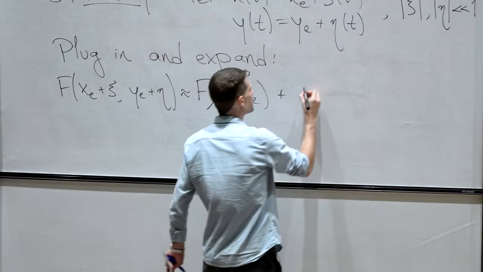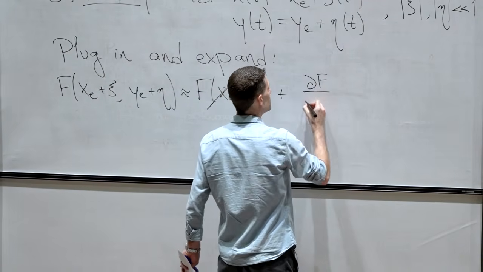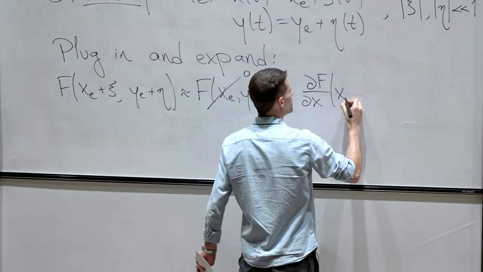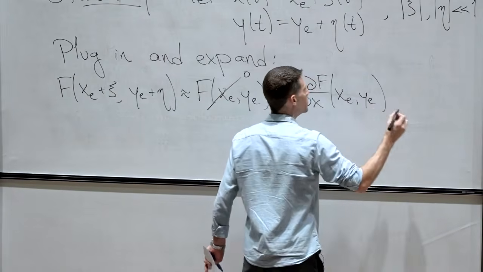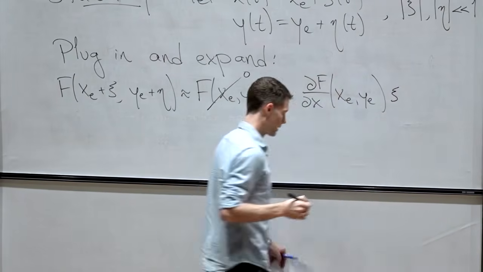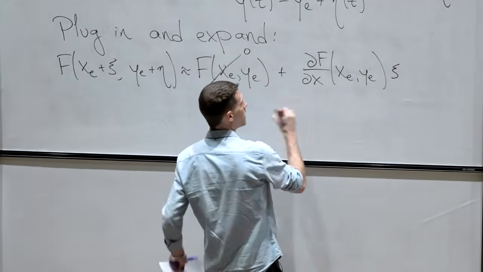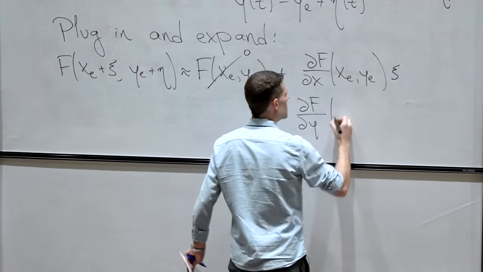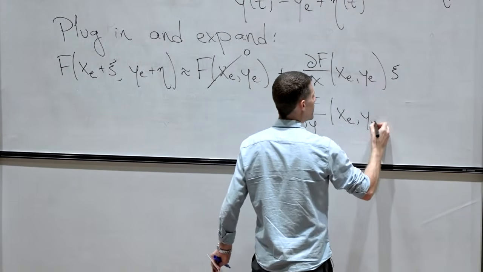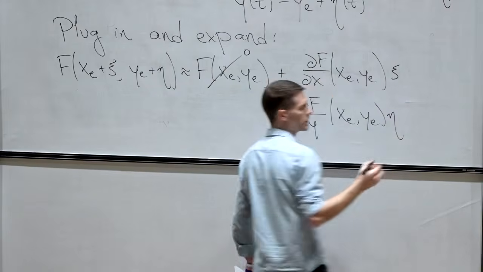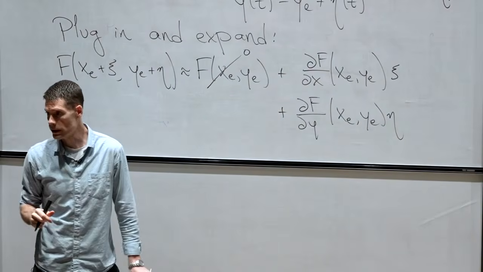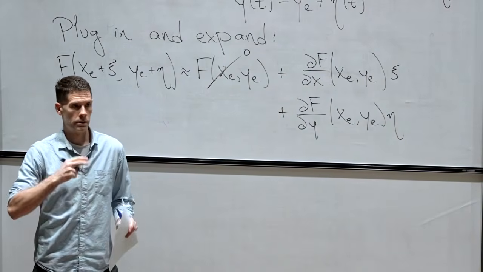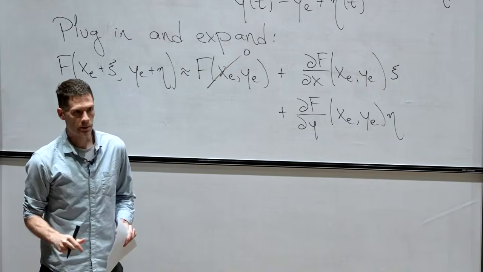So you get df/dx at that x_e, y_e times psi, plus df/dy at x_e, y_e times the perturbation in y, which is eta, plus more and more terms that are all smaller.